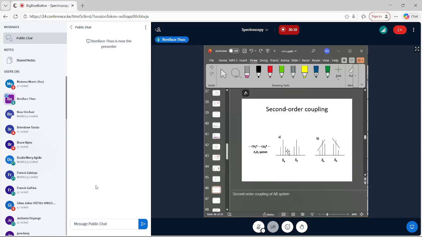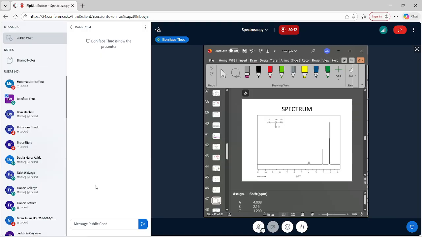If the difference between the two chemical shifts is large, for example, more than 2, then second order coupling is absent. When the chemical shifts are smaller, the outer intensities decrease while the inner intensities increase. So that is an illustration of second order coupling, and there are many types of descriptions showing the different levels of coupling.